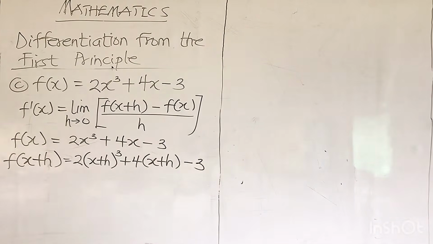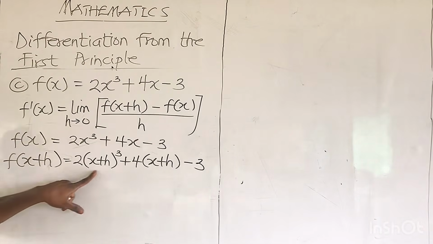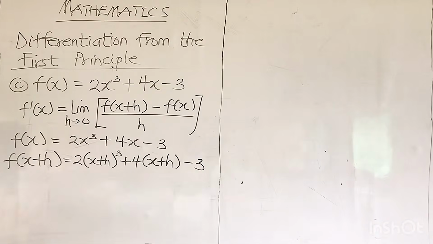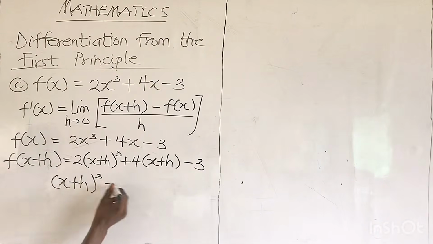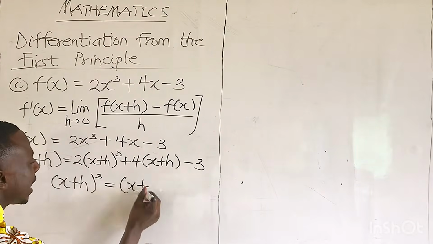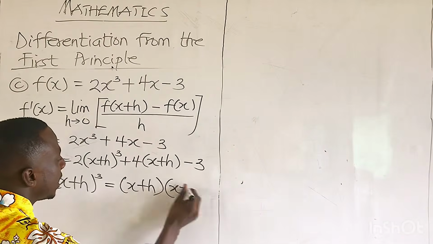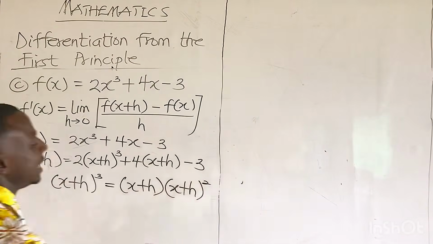So this is going to be my f of x plus h. In that case, I need to expand this. So I have x plus h cubed. Don't forget it is the same as x plus h multiplying x plus h squared.